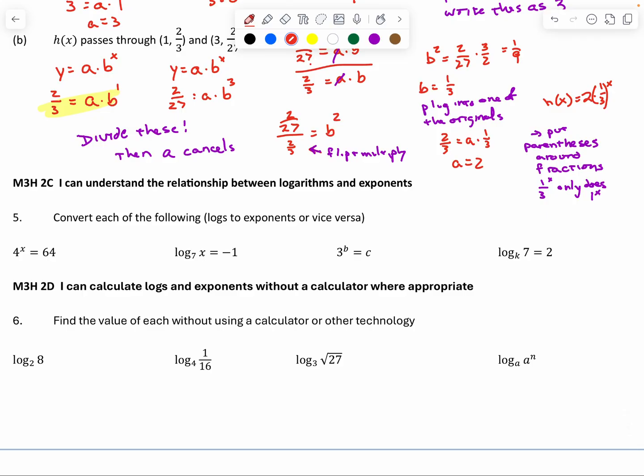Okay, remember log base, what was that? Stop that. Base A of C equals B. Okay, so the moral of this is the base of the log is the base of the exponent.